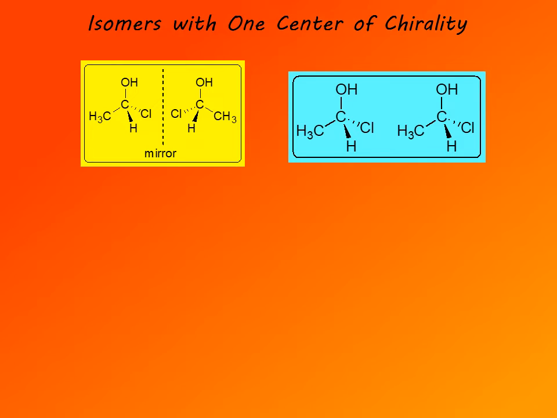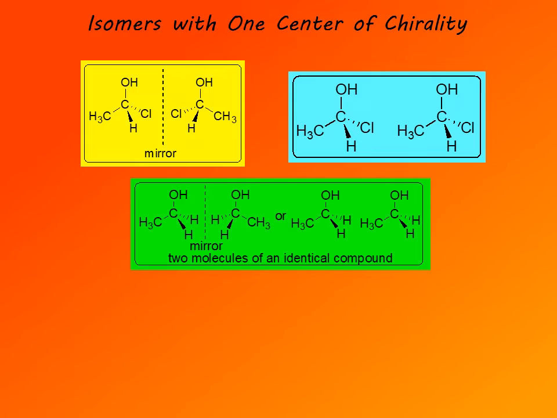Even though this is a chiral compound, these two formulas represent the same enantiomer. Distinguish that from a non-chiral molecule, like ethanol, where any representation of ethanol will represent the same molecule. So regardless of whether we represent ethanol as two mirror images or as on the right, it's the same molecule, since this molecule does not exhibit chirality, does not exhibit optical isomerism.